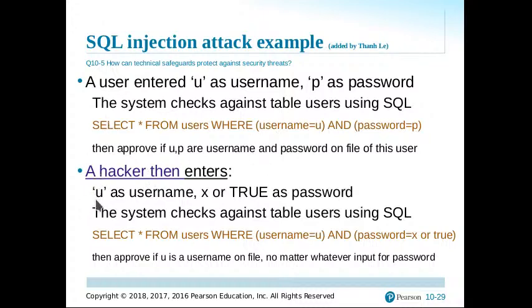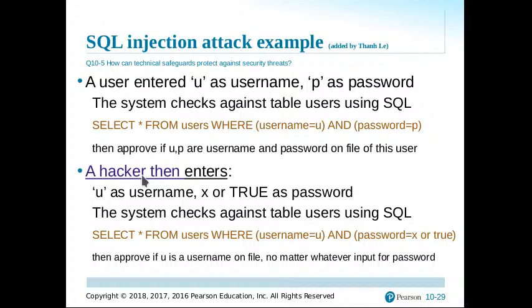Now a hacker knows that in the system there is a user named U, but he doesn't know the password. That's normal, right? I know that my friend has an account at Facebook, but I don't know his password. So how does the hacker hack into the system using the username?